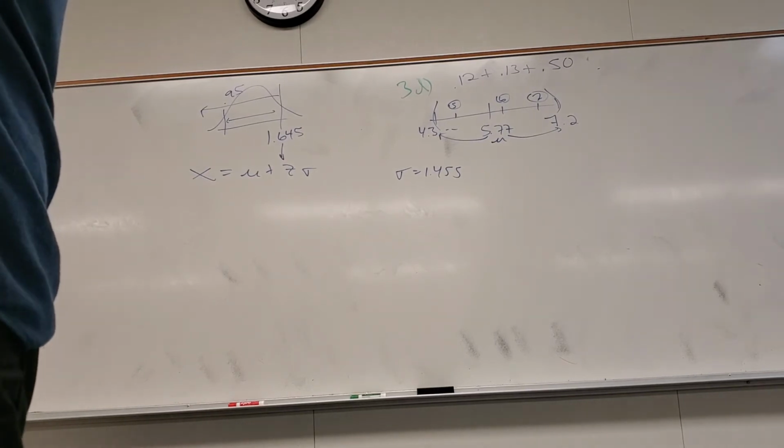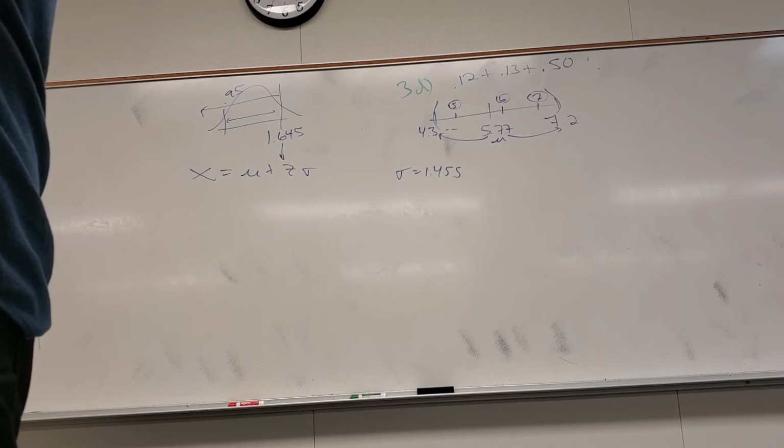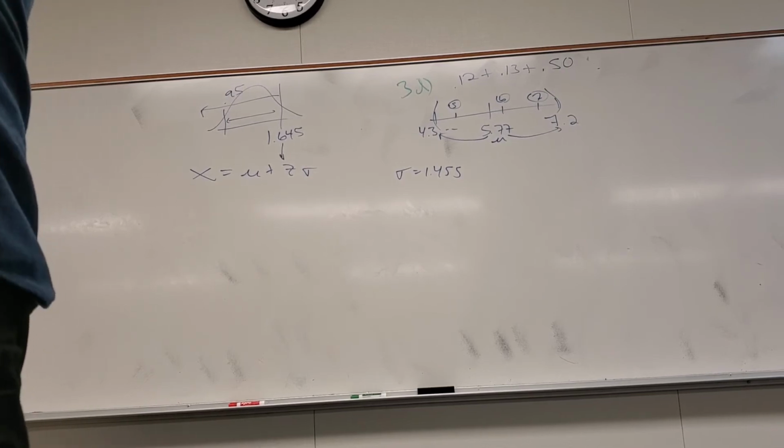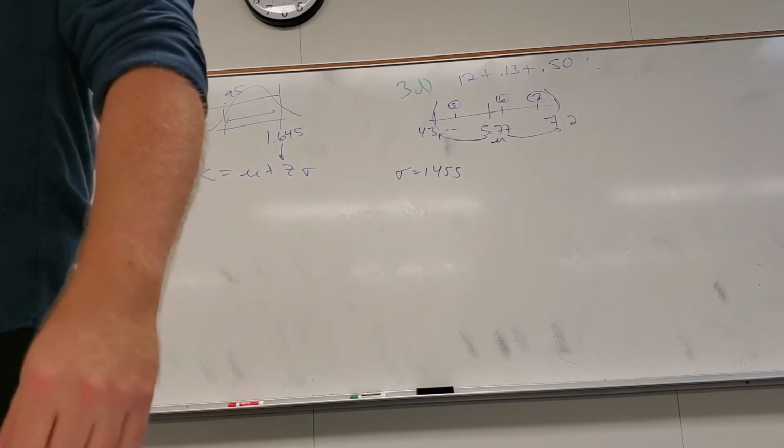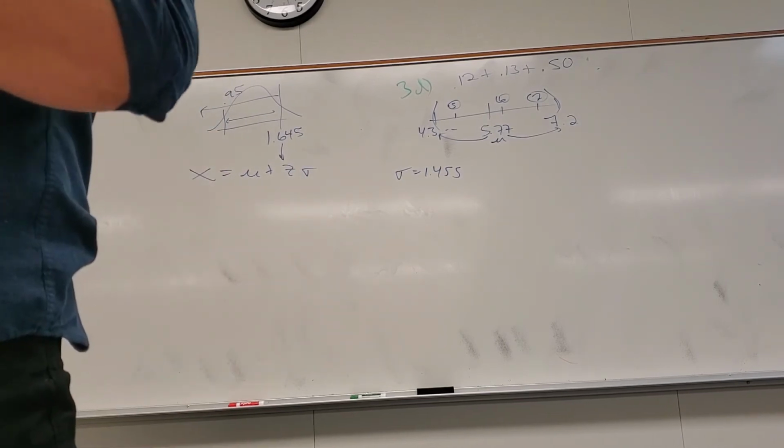The opposite of not equal to is equal to, so that's what the null is. So the claim is the mean is not equal to, because we think it's changed.